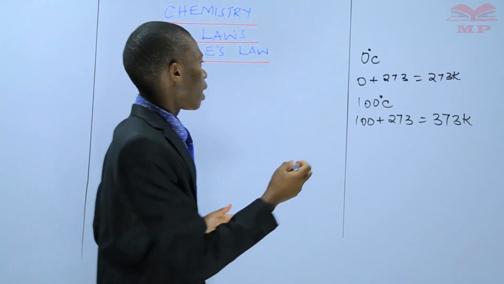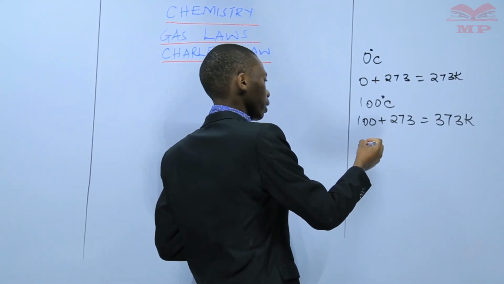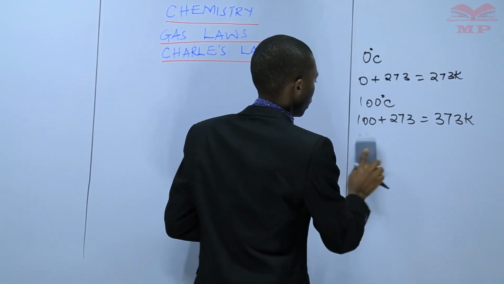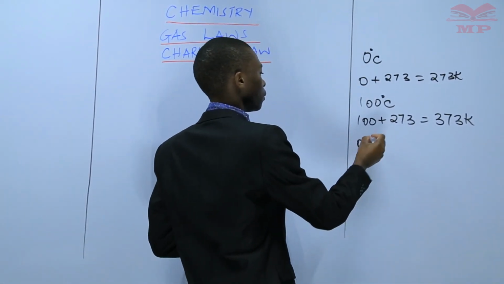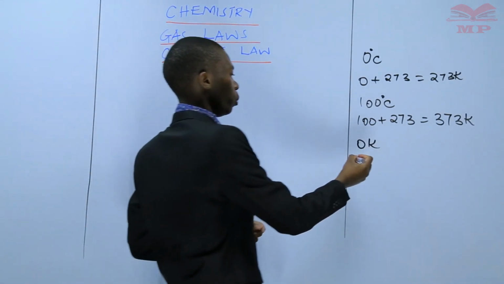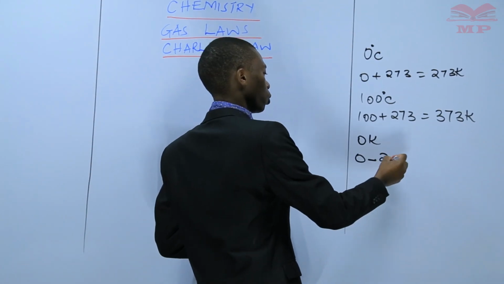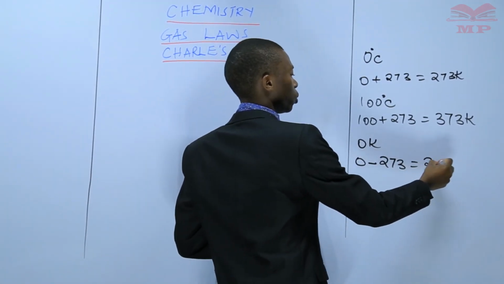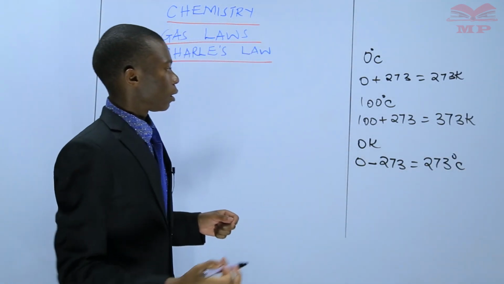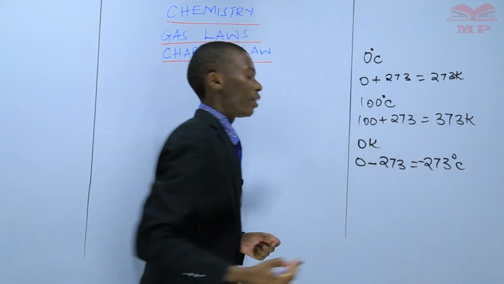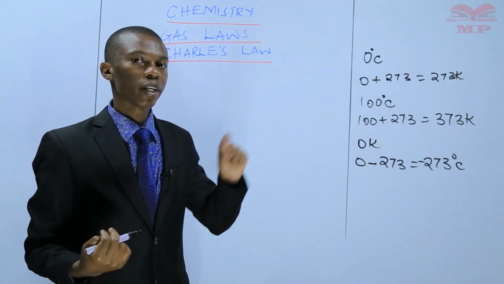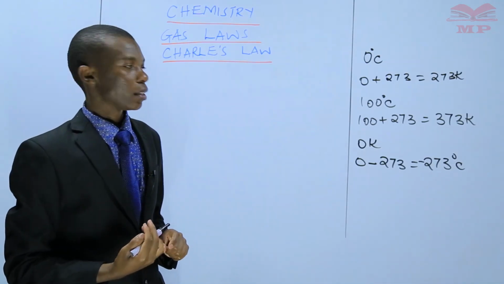Example, let's say you have 0 Kelvin, and you want to convert this temperature to degrees Celsius. It will be 0 subtract 273, which gives you negative 273 degrees Celsius.